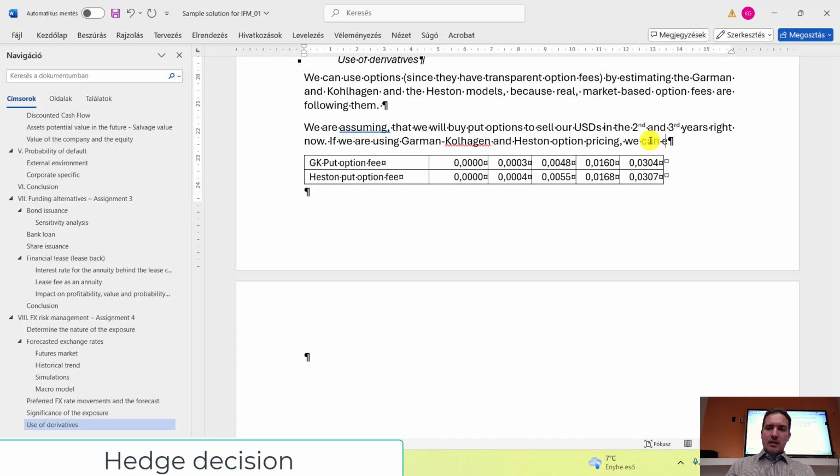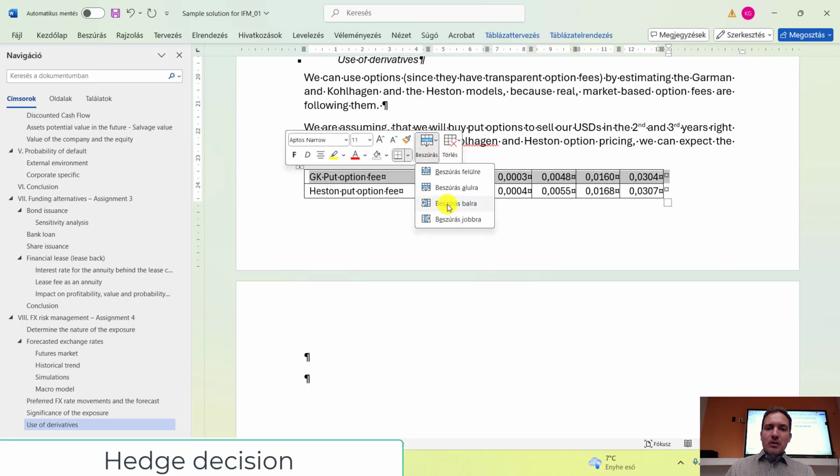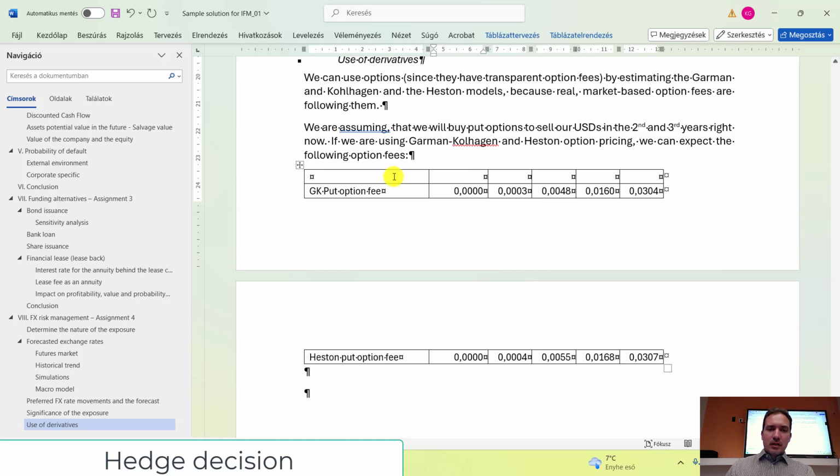We can expect the following option fees. Oh, and one more thing that we have to add also here. We have to add meaning for the columns, because otherwise it looks stupid.